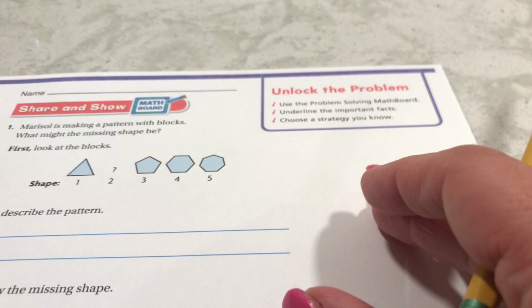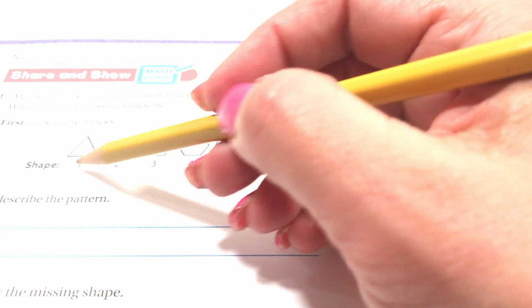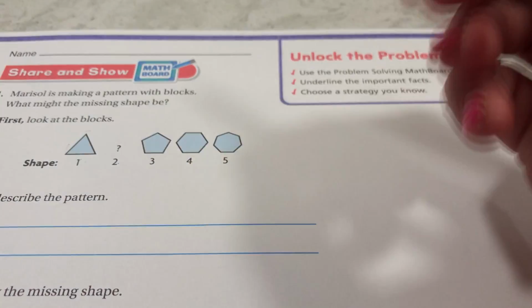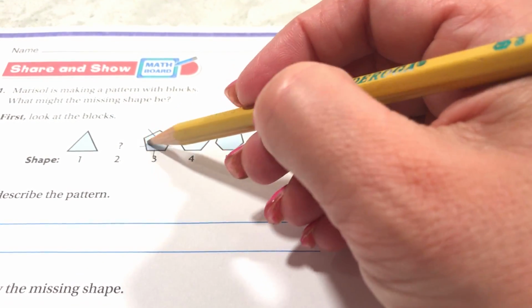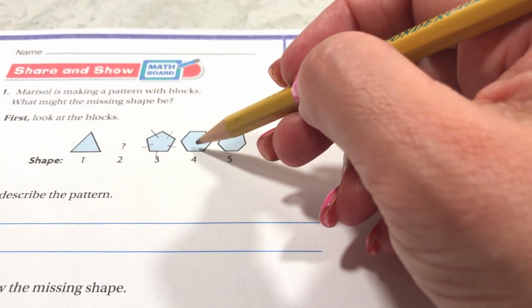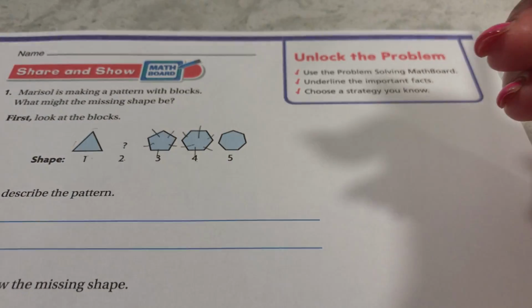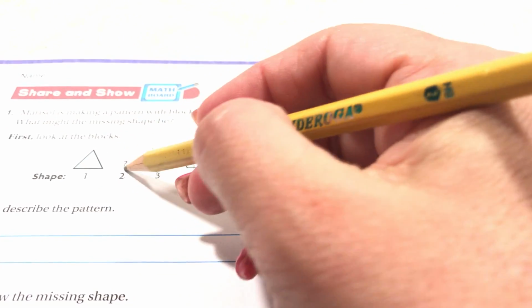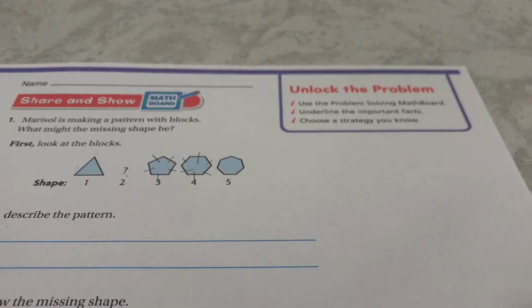Look at the blocks. Okay, so we have shape number 1 is a triangle. Shape number 2, I have no idea. Shape number 3 has 1, 2, 3, 4, 5 sides. Shape number 4 has 1, 2, 3, 4, 5, 6 sides. Oh, I think I know what number 2 is. Okay, so what is the pattern?